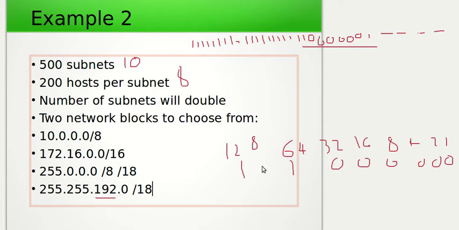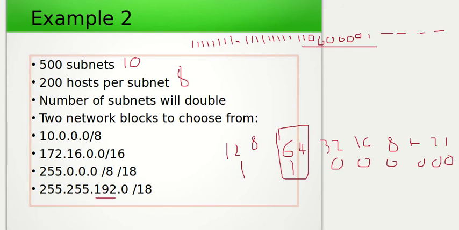We convert this number into its binary equivalent, and then we find the last bit that has a 1. The last bit that has a 1 is the second bit over here, which is 64. So our increment is going to be 64, and we increment in the third octet, because the octet we're focusing on in the subnet mask is the third octet, which means the octet that we're adding the 64 to is going to be the third octet over here.